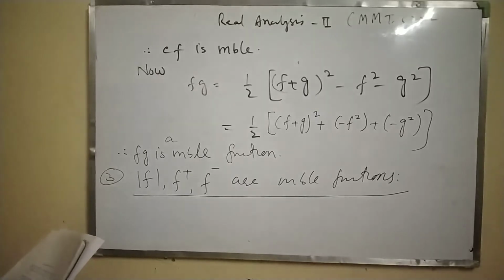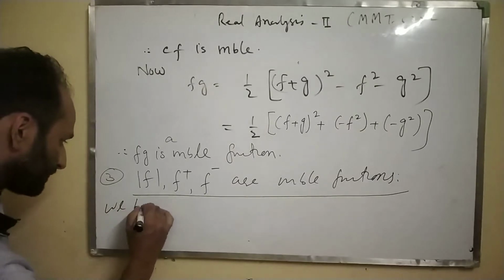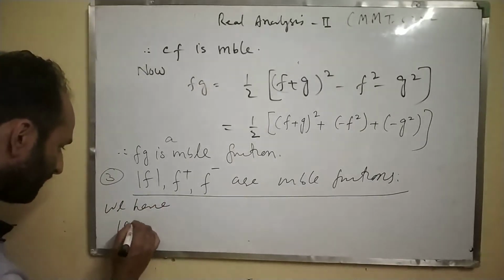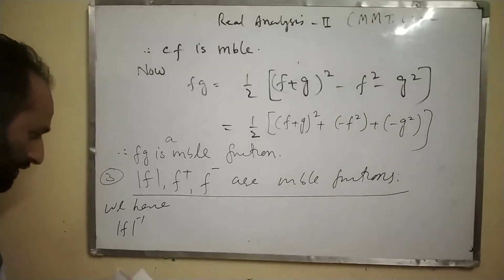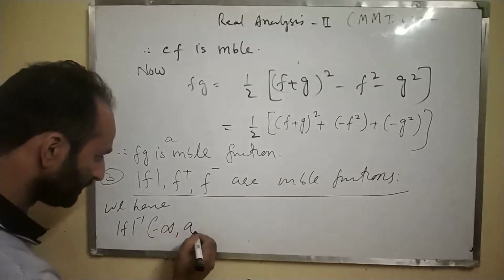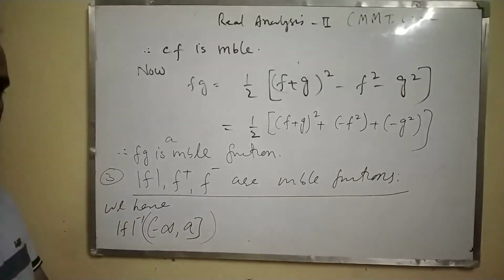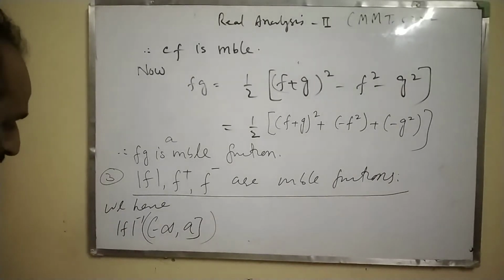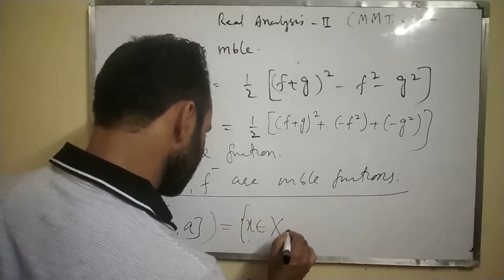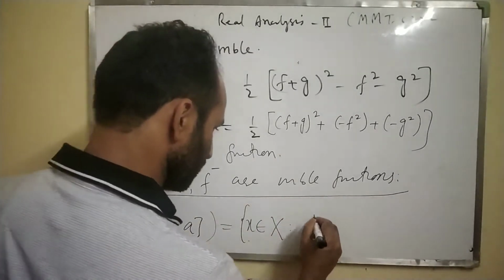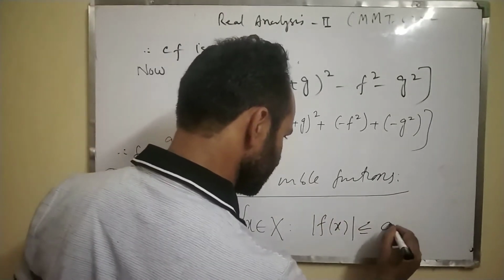So we have mod of f inverse. Try to find this one. Minus infinity to a, inverse image of that unbounded interval under mod of f. It's equal to those points of x such that this mod of f of x is less or equal to a.